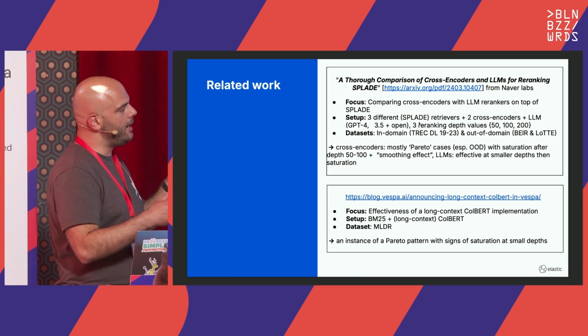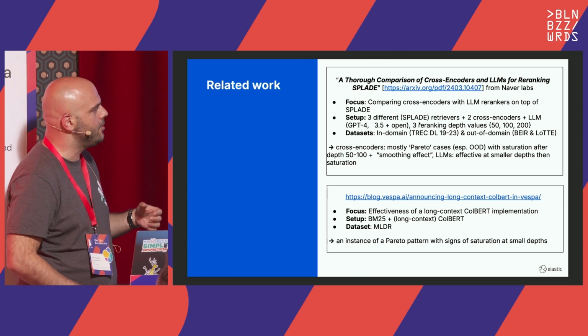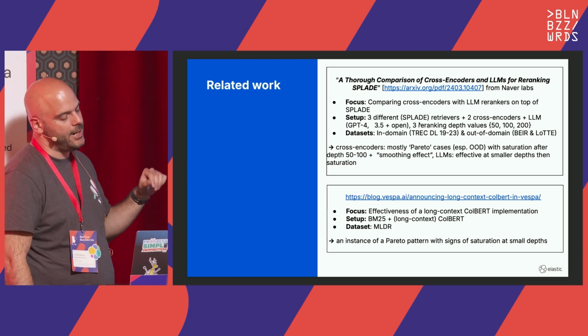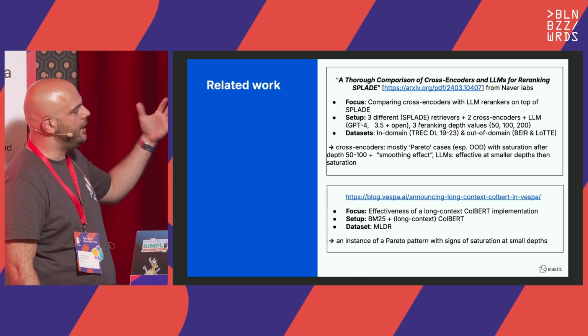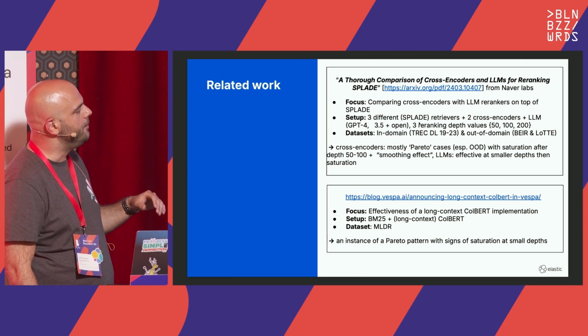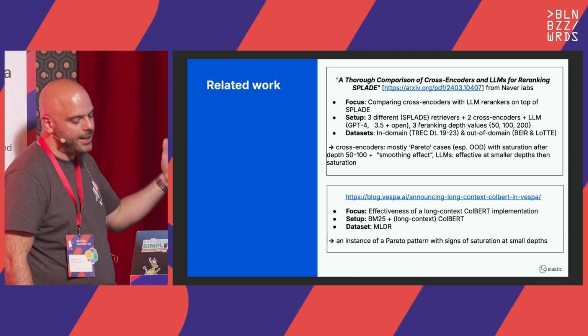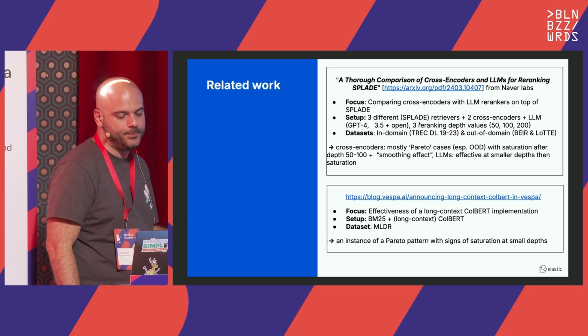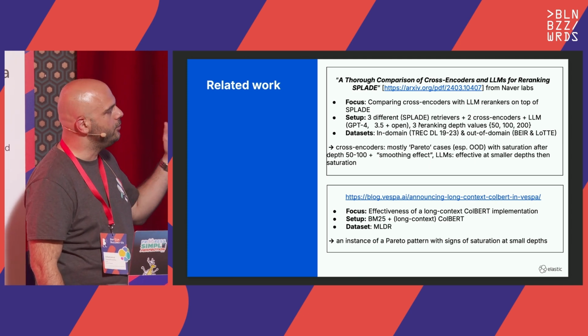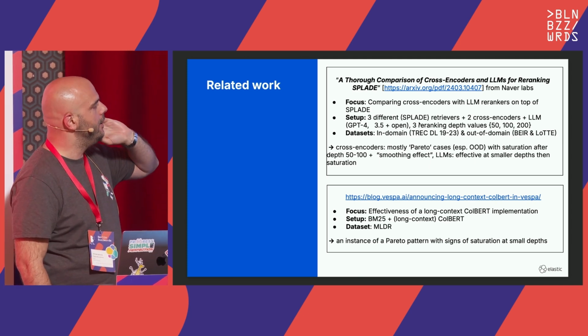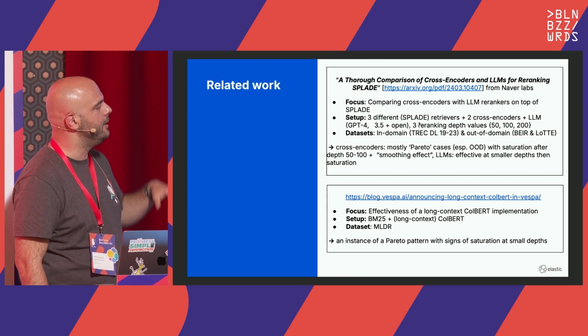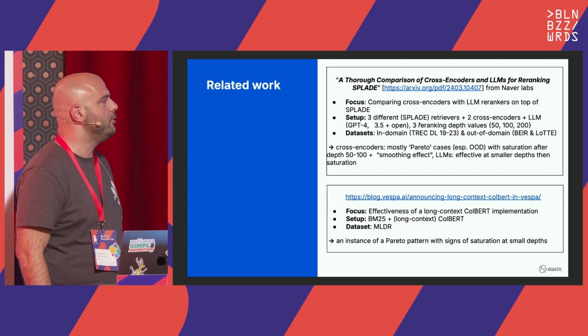What is relevant to our discussion here is that by looking at the numbers, you could identify some mostly Pareto patterns, especially for the out-of-domain distribution, because they're considering both in-domain and out-of-domain.